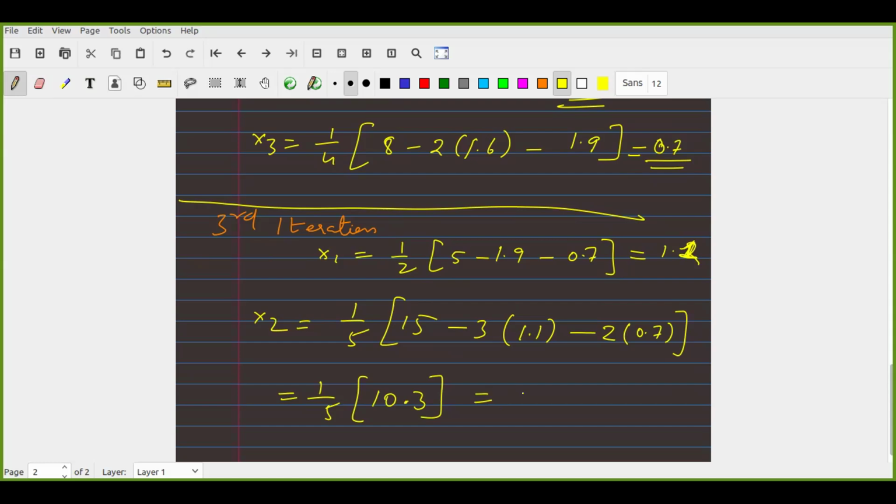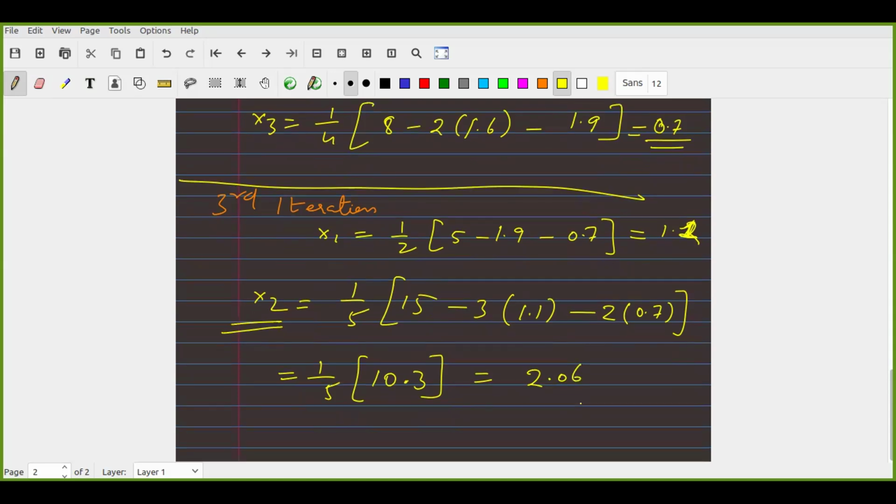So 5 2s are 10, 0.6. See, I did tell you that x2 is ultimately going to be 2, but now we're almost there.